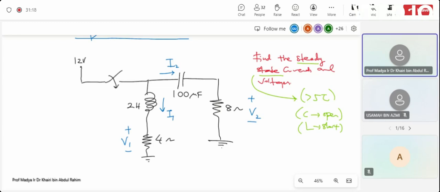So how do we do this? Again, it's very easy actually. Okay, so steady state. Okay, steady state.